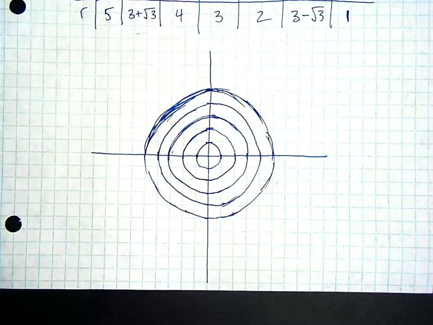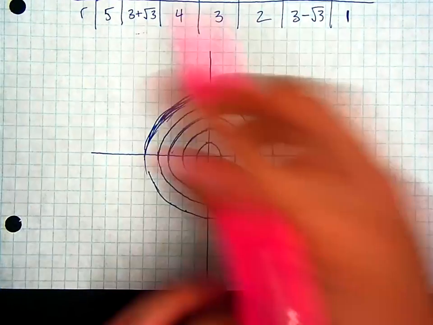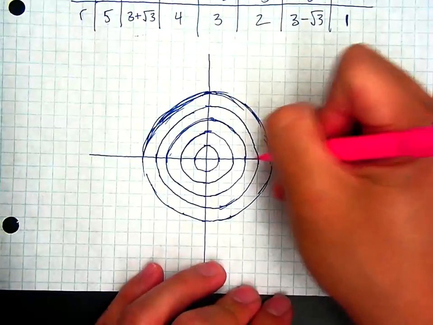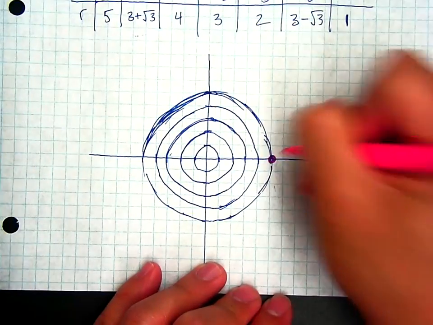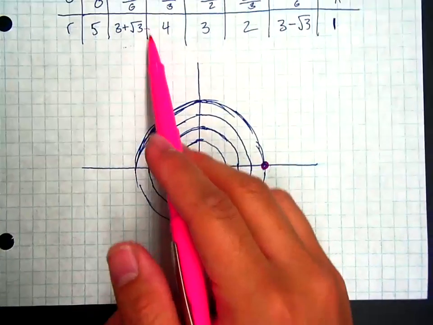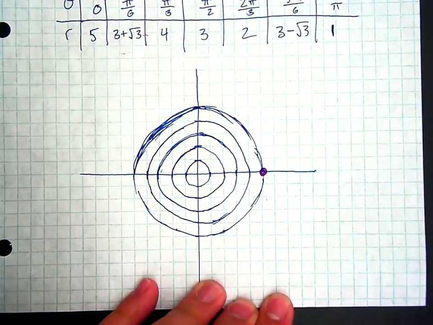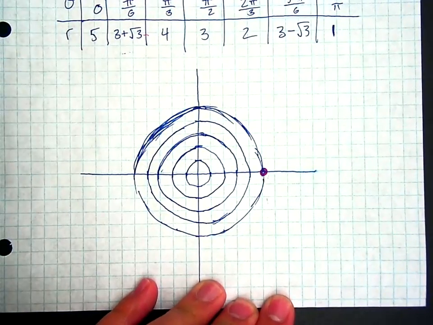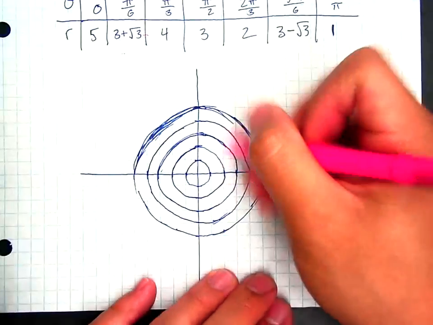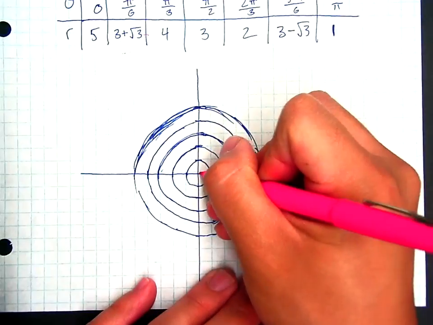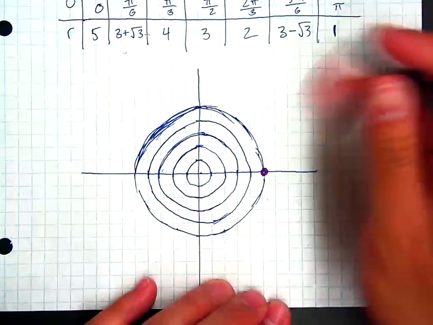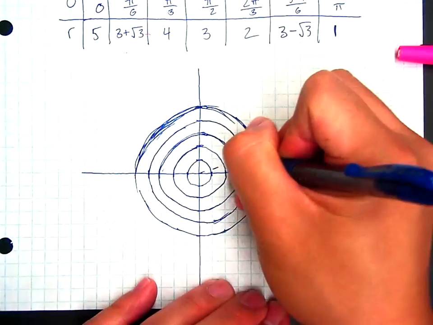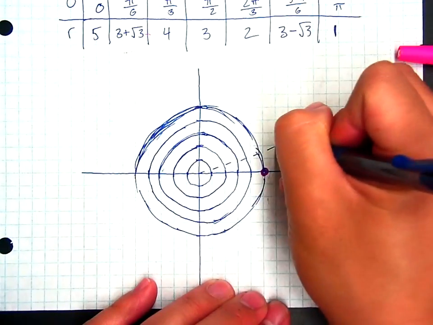We're going to go from 0 degrees outwards to 5. So, 1, 2, 3, 4, 5. Then at pi over 6, we're going to go 3 plus radical 3. Radical 3 is about 1.7, so I'm going to go to 4.7, but I forgot to insert these ever so special degrees.